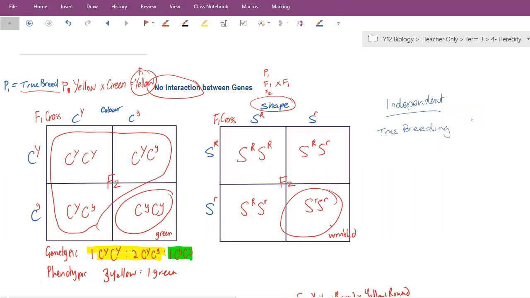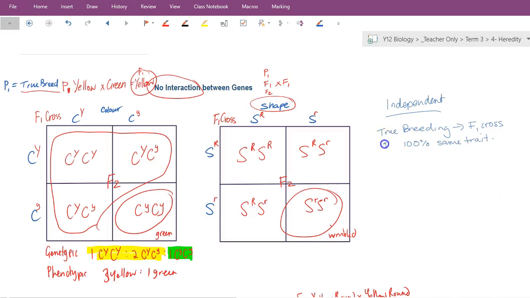He crossed them, and that was his F1 cross. When he crossed them, he realized that all of those plants came out with 100% the same characteristic. And that was a pattern that was always the same. And that same characteristic, or that same trait, was the one that was dominant. Mendel called that the dominant trait.